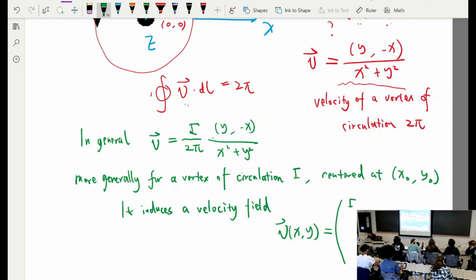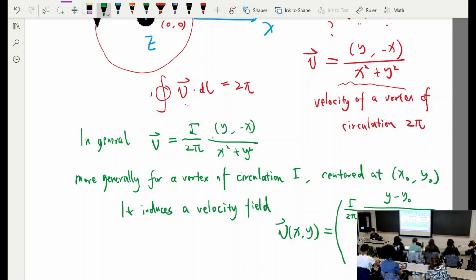The x component is gamma over 2 pi again, and it's y minus y0 divided by x minus x0 squared plus y minus y0 squared. It is essentially the same as the x component of the origin-centered vortex, but shifted by x0 and y0.